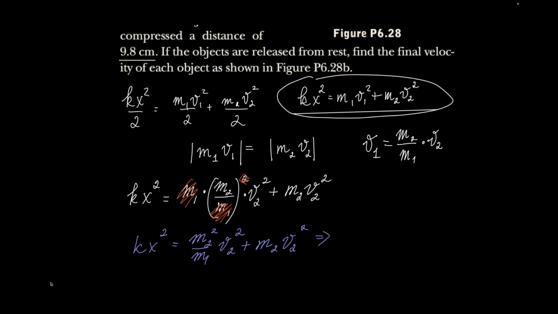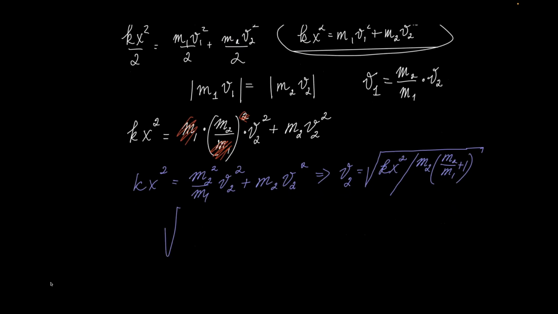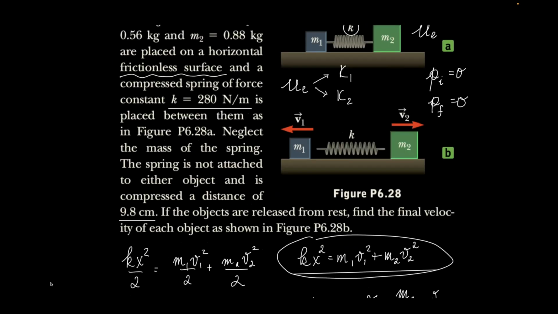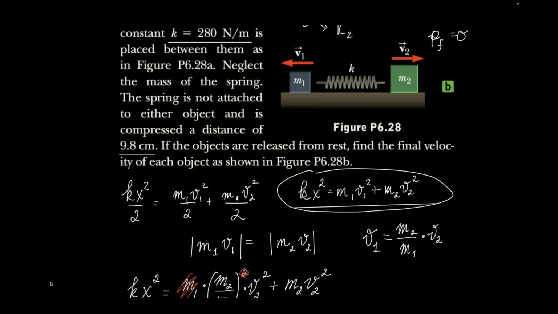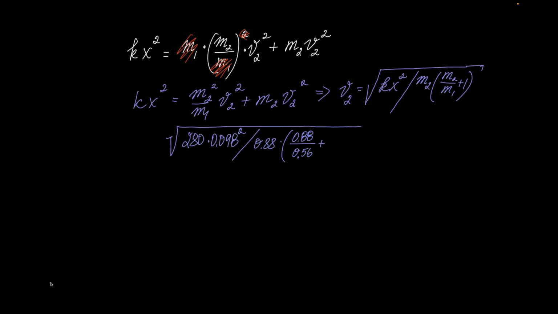So from there, v2 is going to be the root of kx squared divided by m2 times (m2 over m1 plus 1). Using the numbers, so root of 280 times 0.098 squared divided by m2, which is 0.88, times (0.88 over 0.56 plus 1).